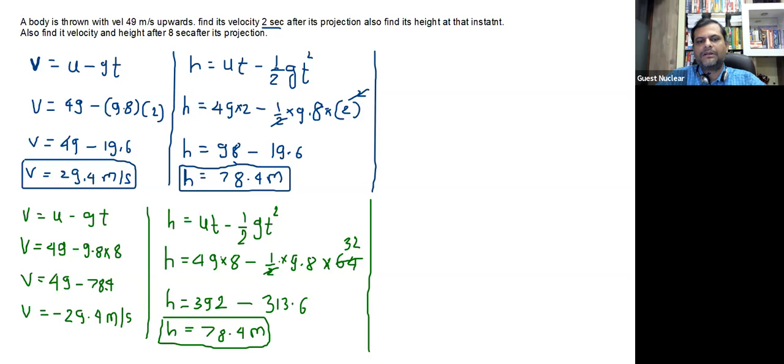Why they are same? मतलब 2 सेकंड के बाद और 8 सेकंड के बाद पार्टिकल एक ही हाइट पे होगा, मतलब ऊपर गया या नहीं गया? Yes, very good, Parth. So basically this is the height of the particle while going up and this is the height of the particle while coming down. Okay, so answer in this first case here is when the particle is moving upwards, and here is the answer when the particle is moving downwards.